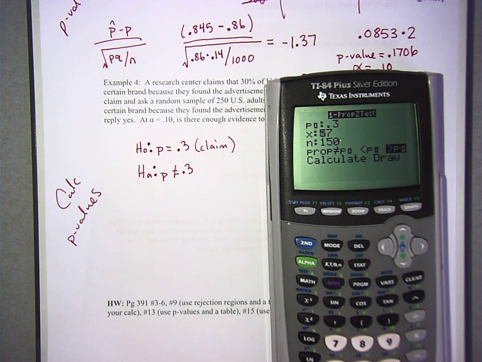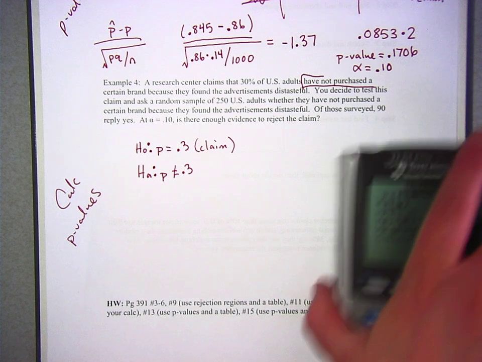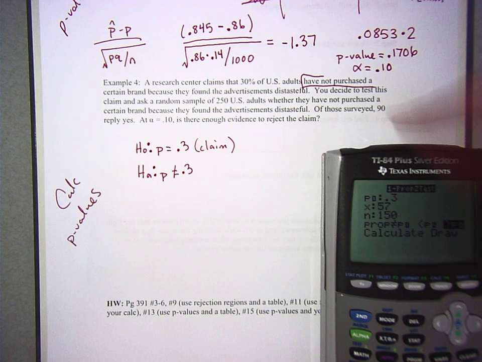How do I know what my x is? 30% or 90. No, they actually say right here. 90 replied yes. Usually this actually saves you a step, like it will for you. Instead of having to figure out your proportion, your p-hat, you could actually have your calculator do it. Not that it's a huge deal. This is a two-tailed, so I'm hitting not equals p0, and then I'm going to have it draw it for me.